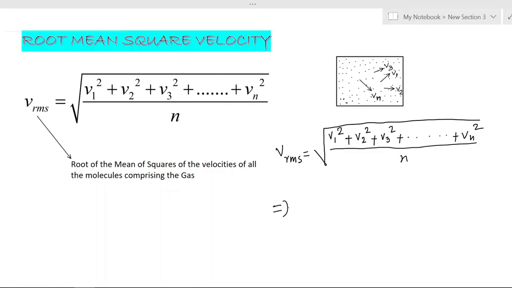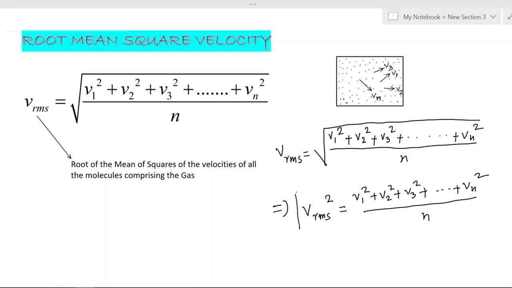And so if I square both sides of this expression, it gives me Vrms square equal to v1 square plus v2 square plus v3 square plus dot dot dot up to vn square divided by n, isn't it?